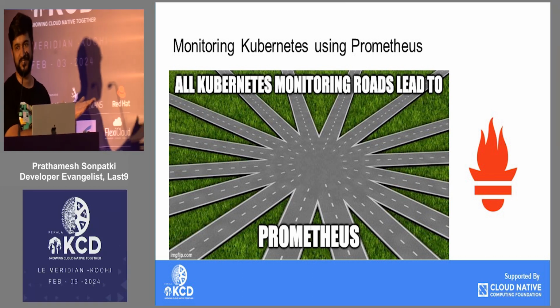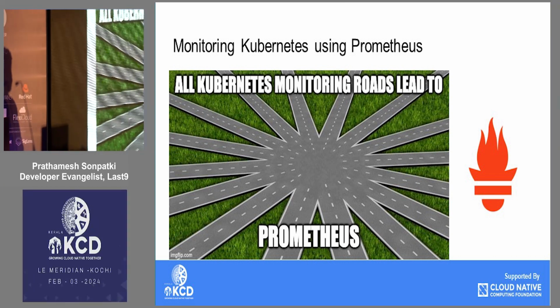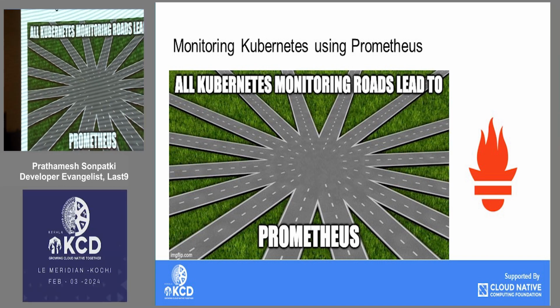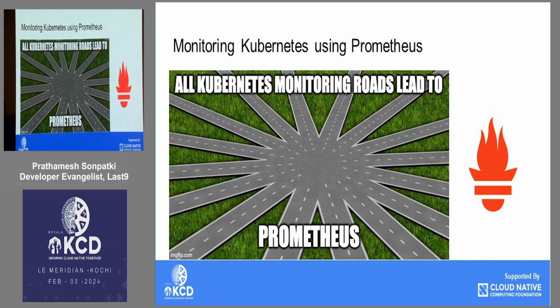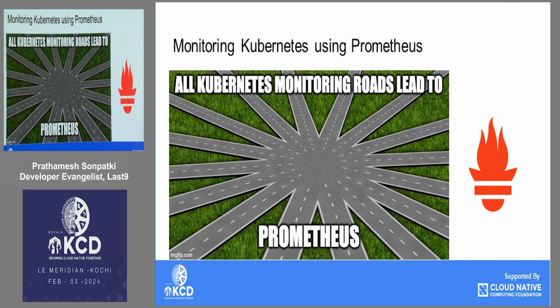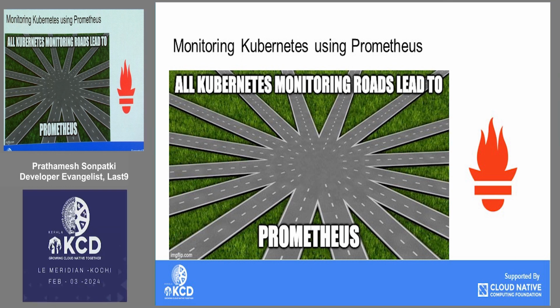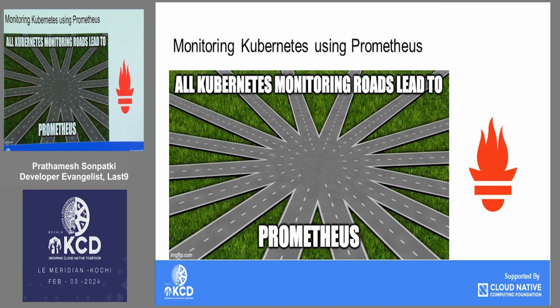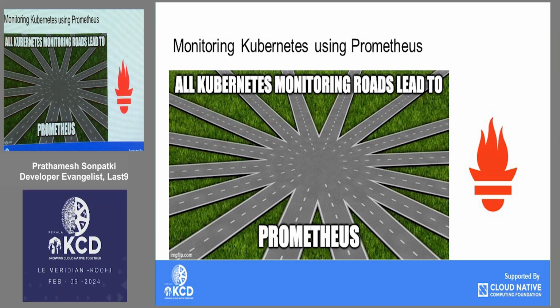Basically all the roads of Kubernetes monitoring lead to Prometheus, because Prometheus can solve for service discovery, it can solve for custom metrics, it can solve for exporters, it can solve for all your RED metrics, and Kubernetes already emits its own metrics in open metrics format, right? So it's a match made in heaven already, right? You can use Prometheus to monitor both sides of the coin, not just the infra, but also the application side.